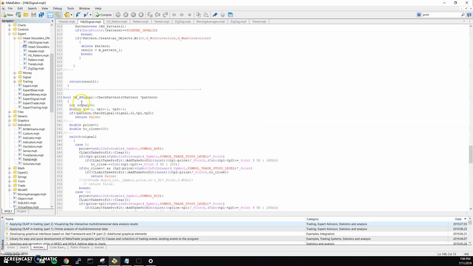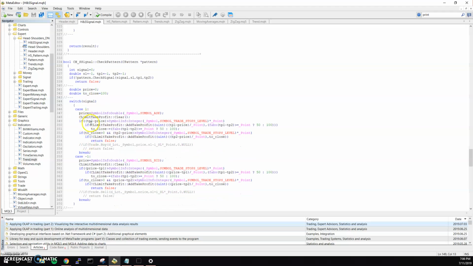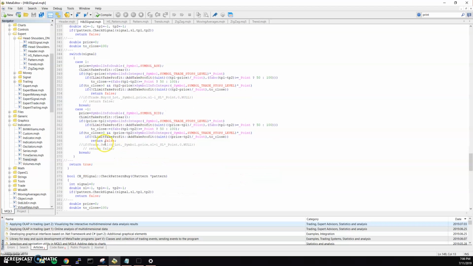What the original check pattern would do is take your pattern in here and check your signal. If you would buy, it would go to case 1, set all your values for take profit and stop loss, and then return. And if it was a sell, it would set your take profit and stop loss for that.